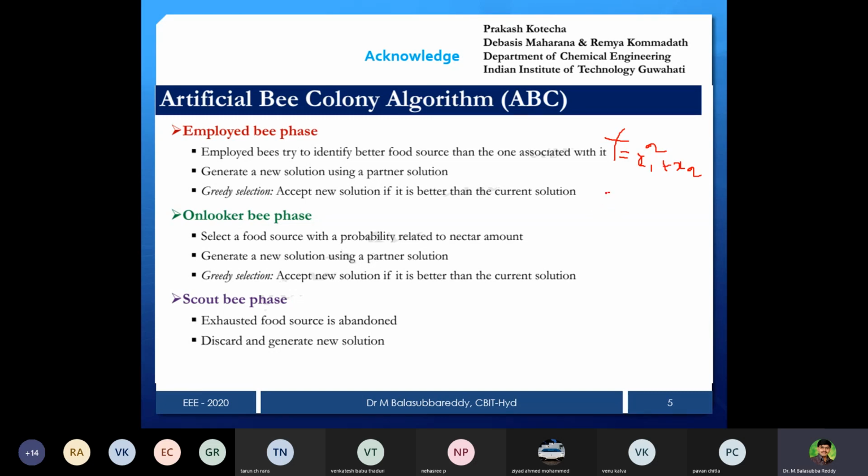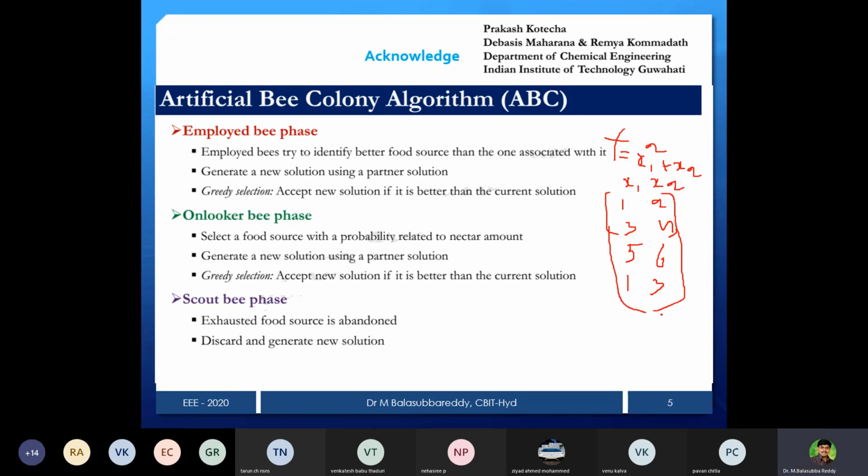Suppose I randomly choose the x1, x2 values, which we call the population. This one is the x1 values, this one is the x2 values. So I randomly chose 1 2, 3 4, and 5 6, some solutions.